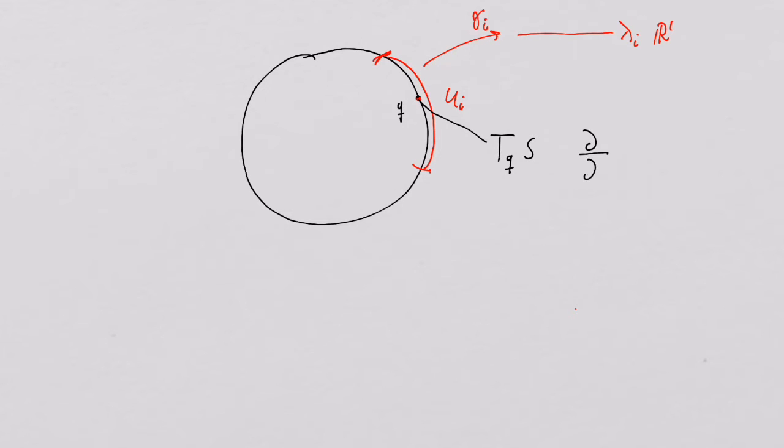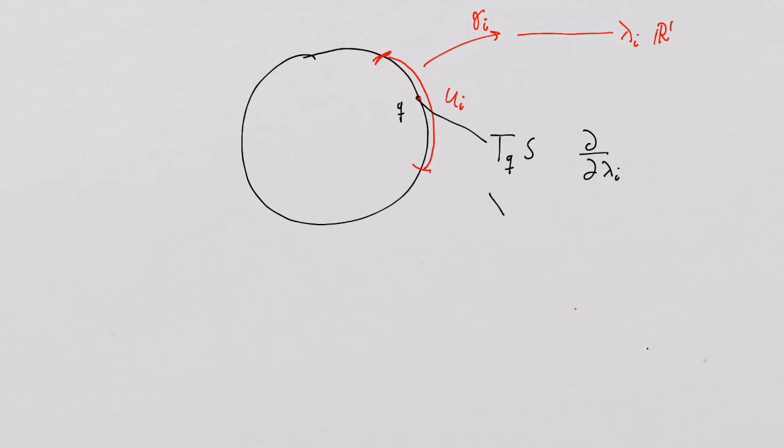There's our S1 point, say Q, and we put Q inside one of the charts, which we'll call U_i. And of course that chart has its chart map, gamma i, to its coordinate lambda i, which is in R1. But also, we now know that this has T_Q of S, that whole vector space, and the basis of that vector space is del by del lambda i.